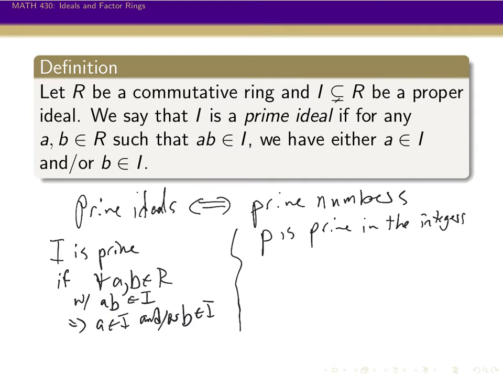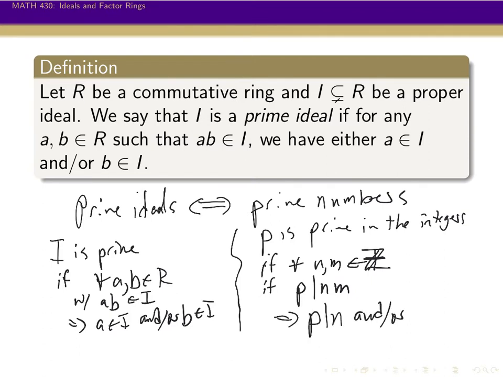One way to define primeness is if for any n and m in the integers, if p divides n times m, then p divides n and/or p divides m.